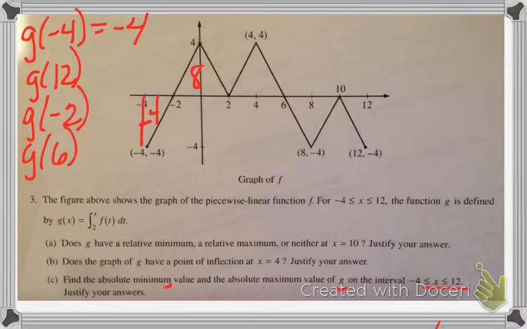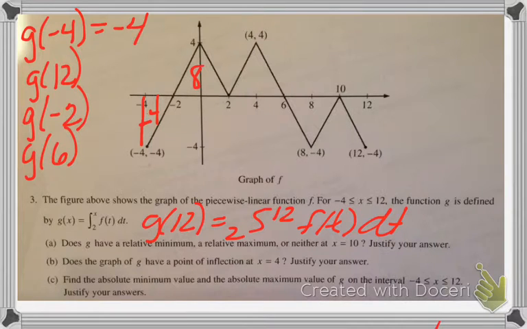Alright, so the next one is going to be g of 12. So g of 12 is going to be the integral from 2 to 12 of f of t dt. So we're going to go from 2 to 12. So let me get another color here. So here's 2. So we have this triangle, and then we're going to have this triangle.